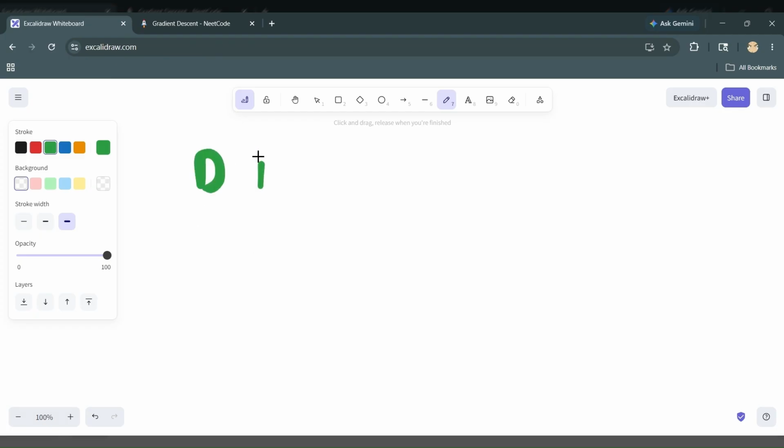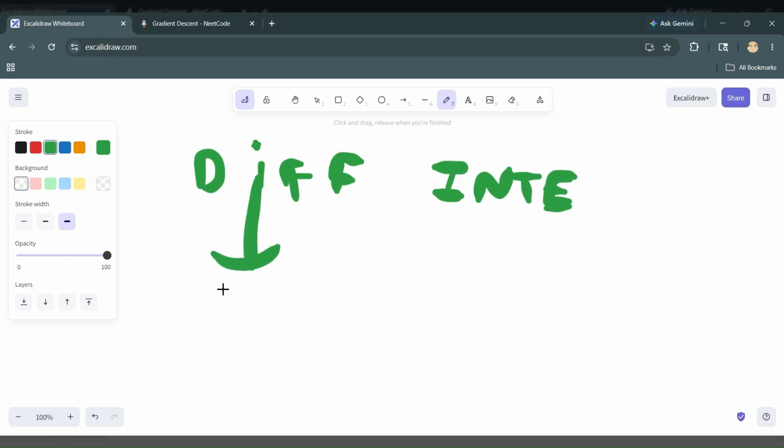What's differentiation and what's integration? So, let's say we are doing some sort of experiment. If we want to find how many errors we can make, the margin of error at that point of iterations, we can use differentiation.